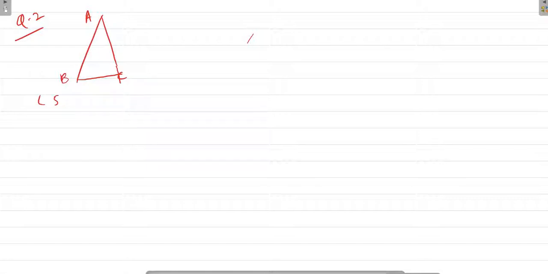So here the coordinates of point B are 1 comma 3 and C is -2 comma 7, sorry. So (1, 3) and (-2, 7). Because the triangle is isosceles, AB equals AC. So this side equals this side because the triangle is isosceles.